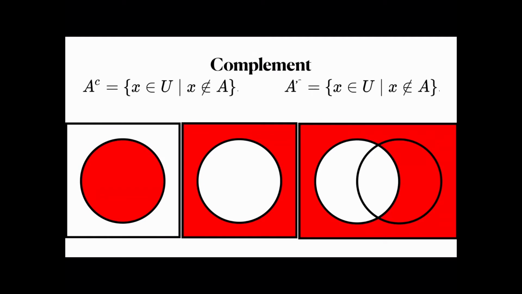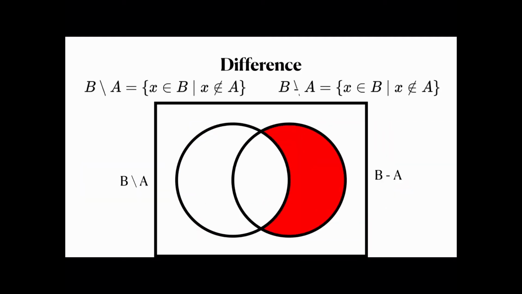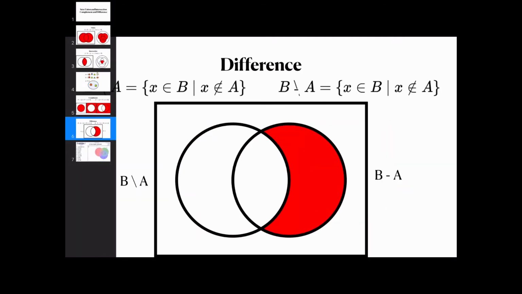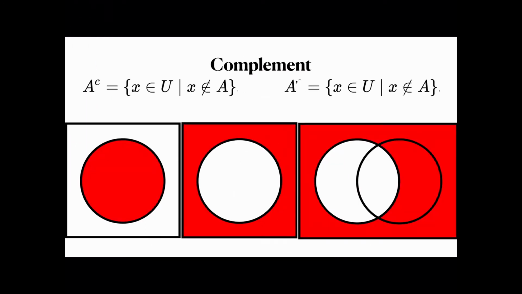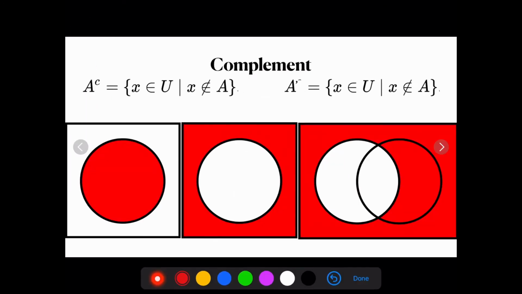Our complement has two ways to talk about it. One is this C over here, and this is actually the more common one, but it's not the one I'm using in my class.